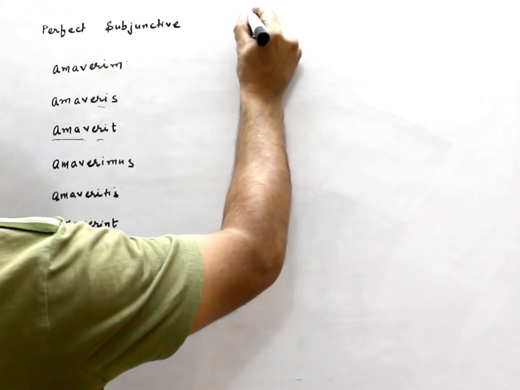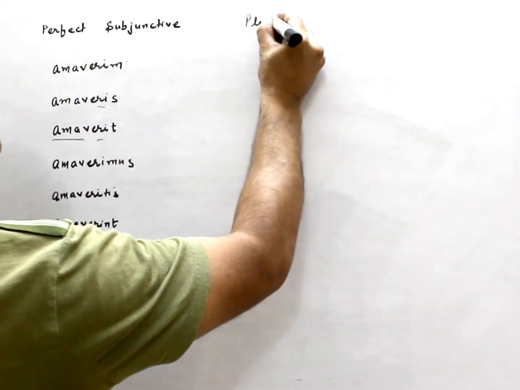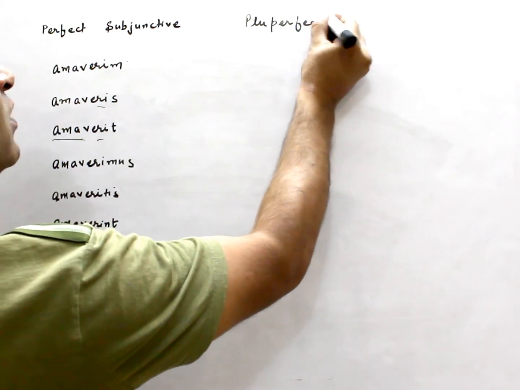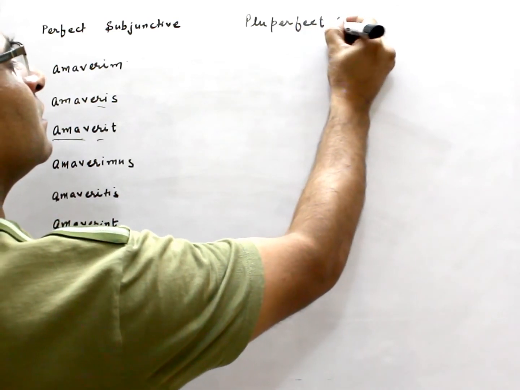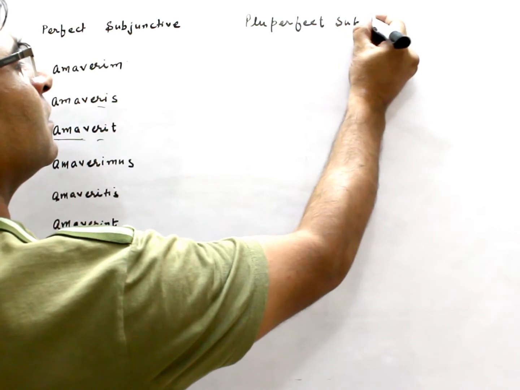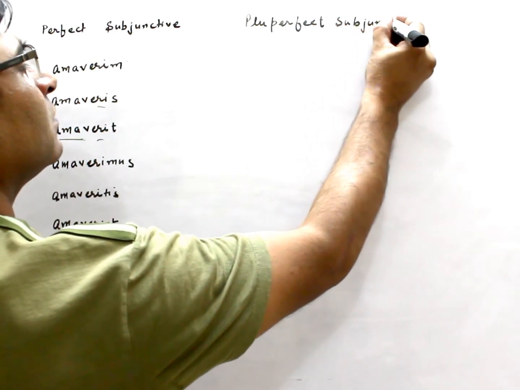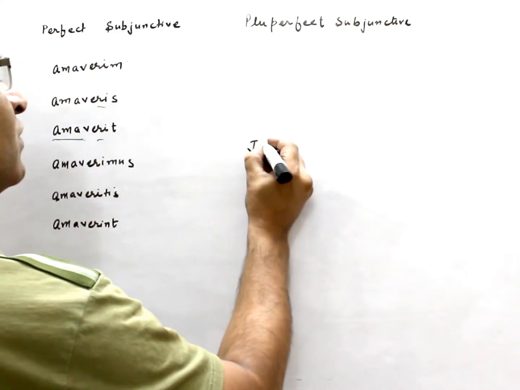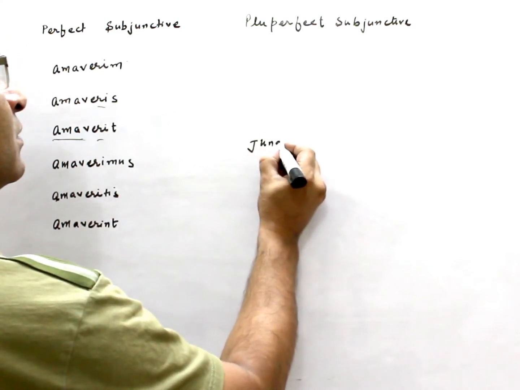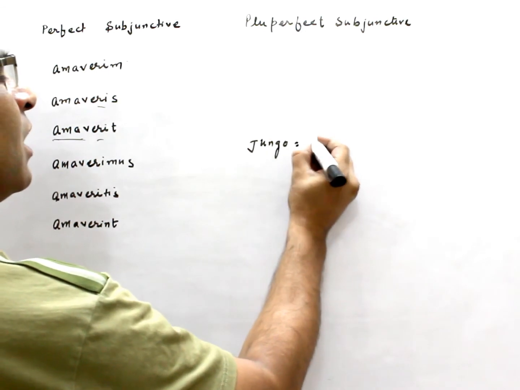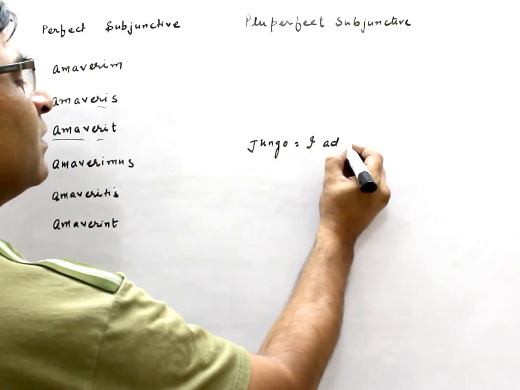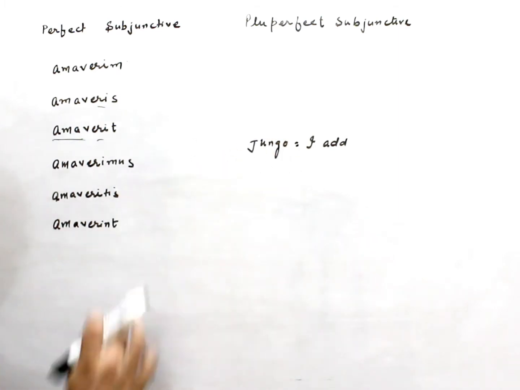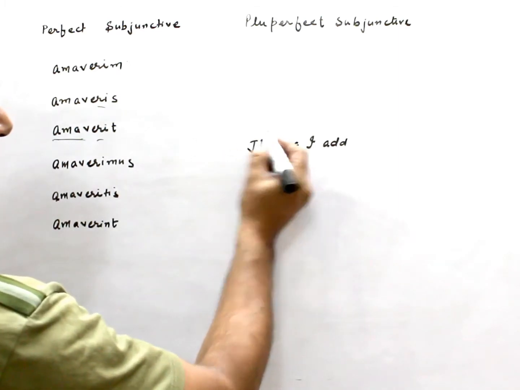Here, pluperfect subjunctive. This verb means I add, and it is more or less the same, but n is not there.